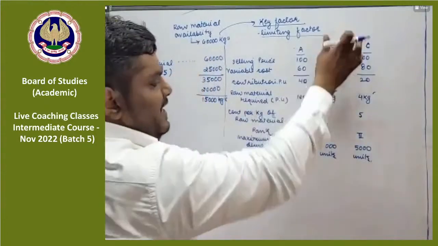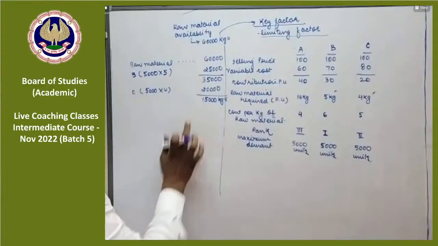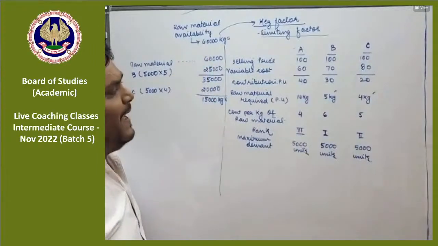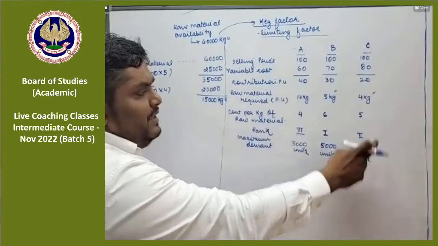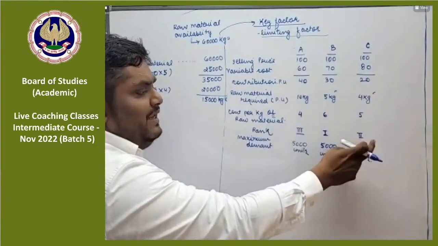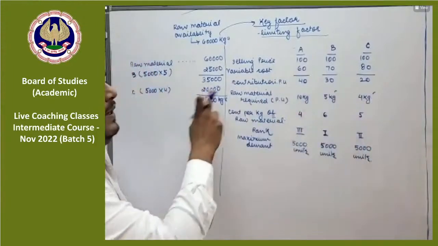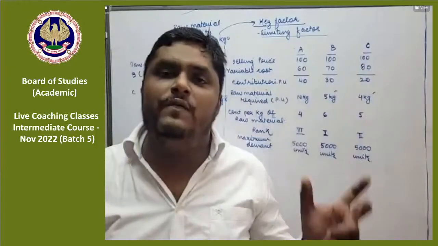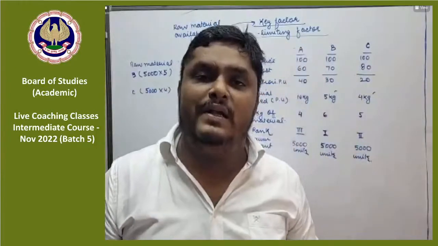First we will manufacture product B, that is 5,000 into 5 kg, so 25,000. 35,000 is the balance quantity available with us. Thereafter 5,000 units of the second most profitable product, so 5,000 into 4, 20,000. So we are left with 15,000 kgs of raw material that will be used for product A.